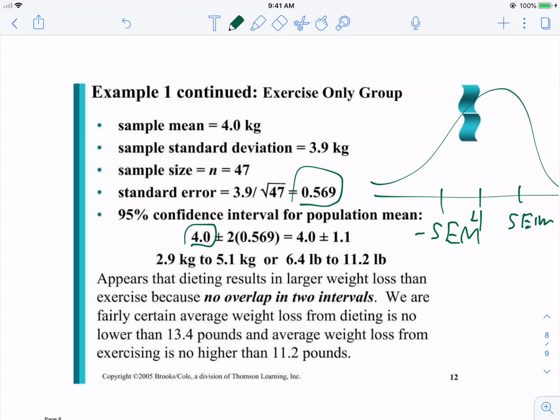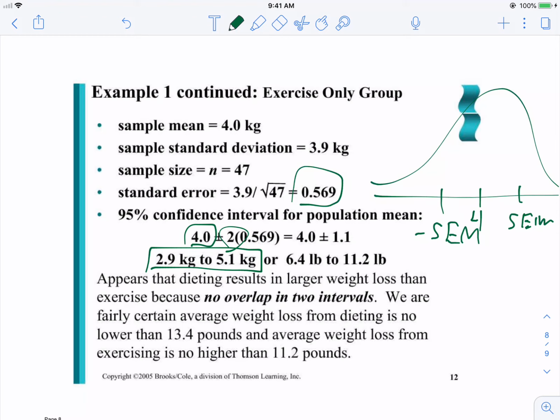We want to go 2 of those, which is why we multiplied by 2. So this confidence interval now is 2.9 kilograms to 5.1 kilograms, or again, going to pounds, 6.4 pounds to 11.2 pounds. So think about these two confidence intervals in relation to one another.